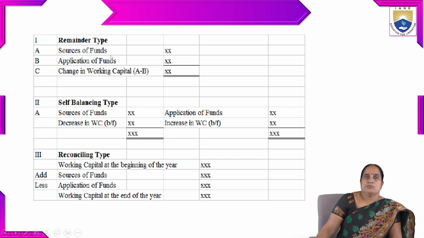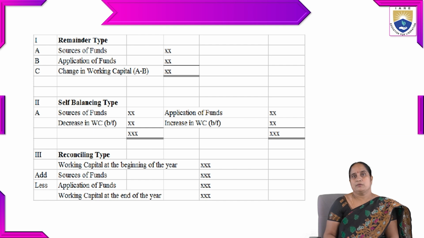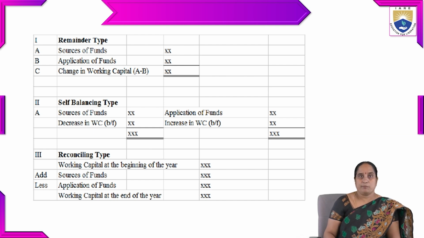Initially, we specify sources of funds, then we keep applications of funds. The difference between these two is nothing but the change in working capital. Whereas coming to the second type, self-balancing type, sources of funds are on one side and applications of funds on the other side. Based on the difference, that should be considered either a decrease in working capital or an increase in working capital.